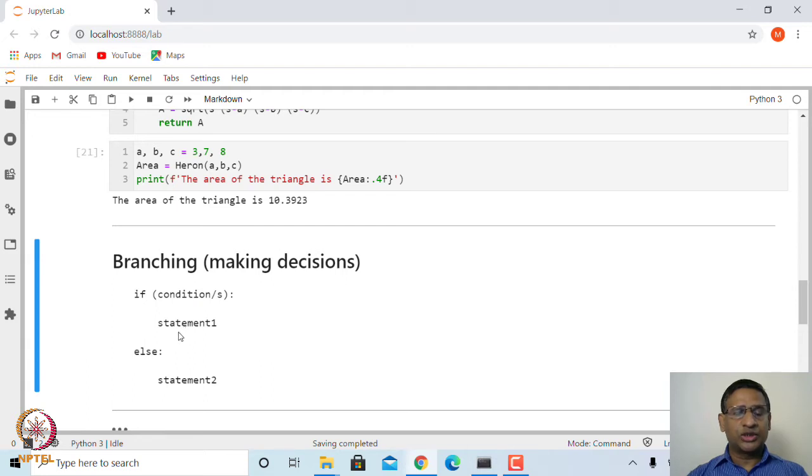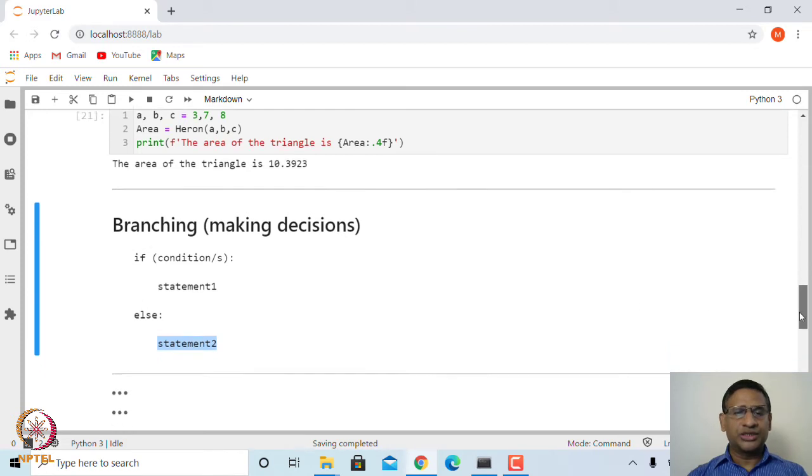So, if you are using equality, it should be logical equal to and things like that, and then put a colon here, again that is important, and then whatever expression or statement you want to evaluate you put it, and else, again this else is aligned with the if, and then again put a colon. So in case these conditions are satisfied, it will evaluate this statement, otherwise it will evaluate this statement. Okay, right. So, let us make use of this.